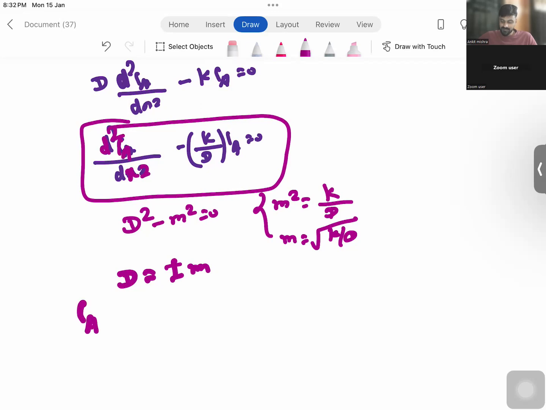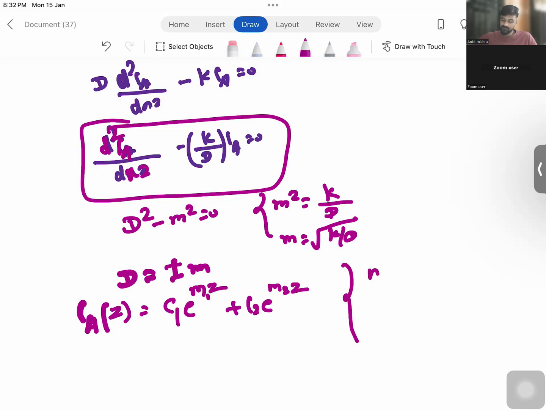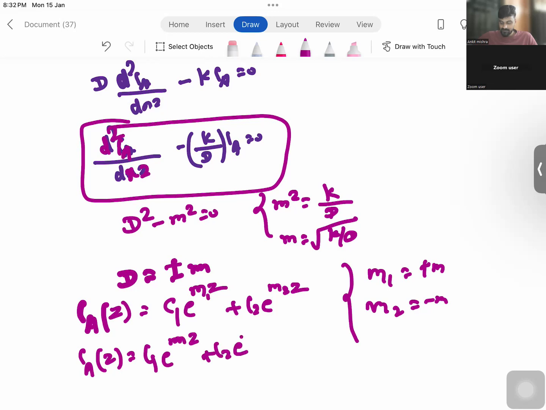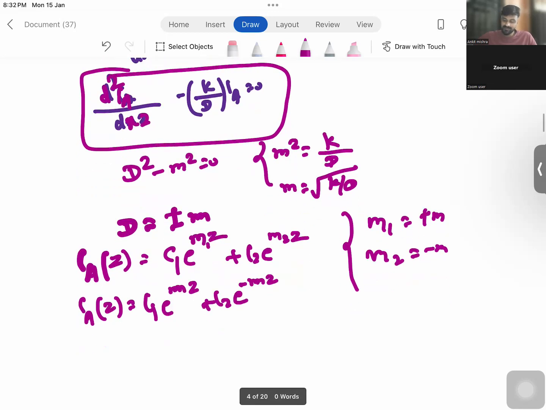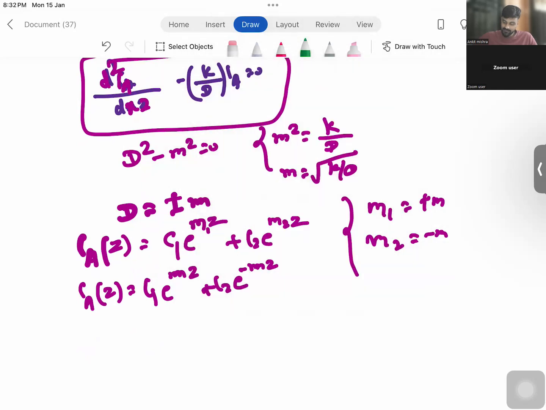The concentration CA, which is a function of z, can be written as C1 e to the power m1z plus C2 e to the power m2z, where m1 is equals to plus m and m2 equals to minus m. So directly I can also write CA at z, that is equals to C1 e to the power mz plus C2 e to the power minus mz. Fine. So this is the relation that you will be getting from here.